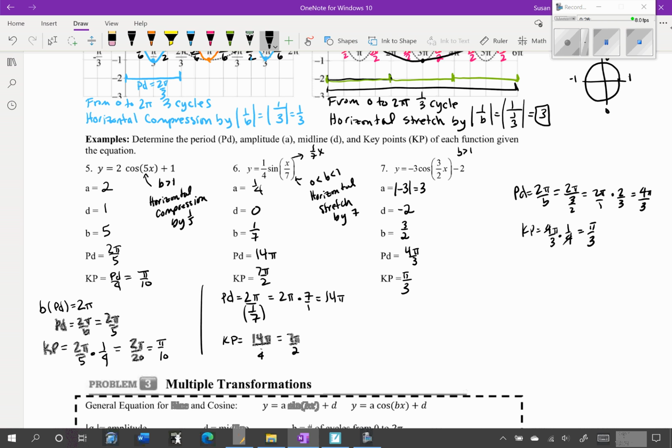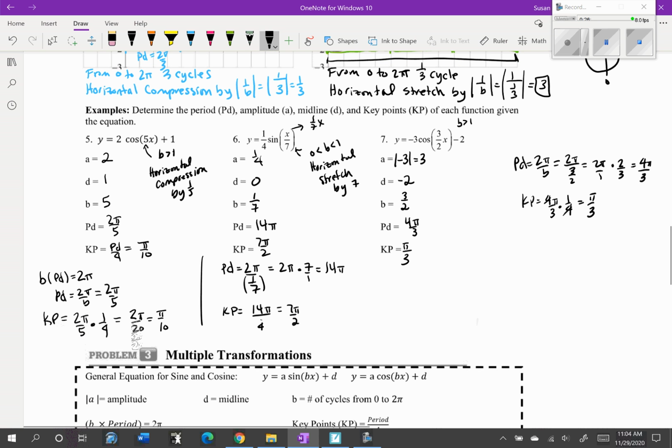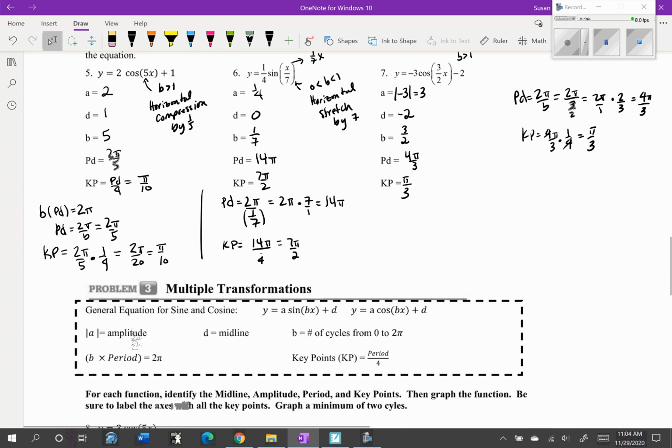So for number 6, it would be a vertical compression, and number 7 would be a vertical stretch by 3 for the amplitude. That negative means it reflects across the x-axis, and then remember your d is your midline. So for the first one, it moved up 1 and 0, and down 2, and then we just now learned our b value being horizontal stretch or compression.